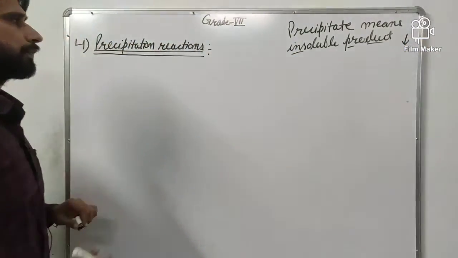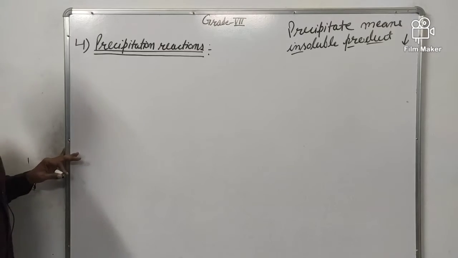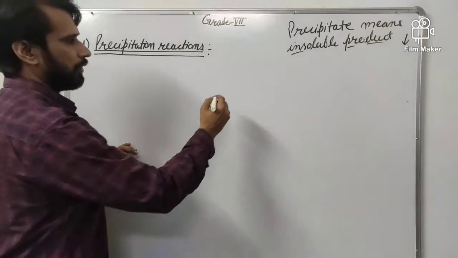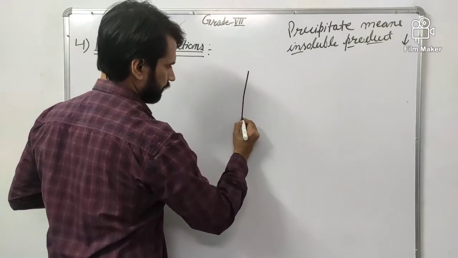For example, if we talk about a precipitation reaction, suppose you have two test tubes.